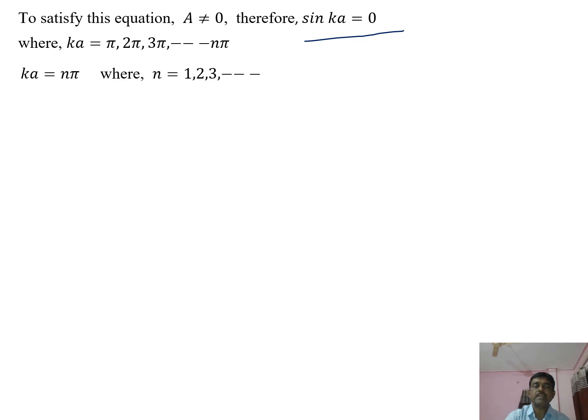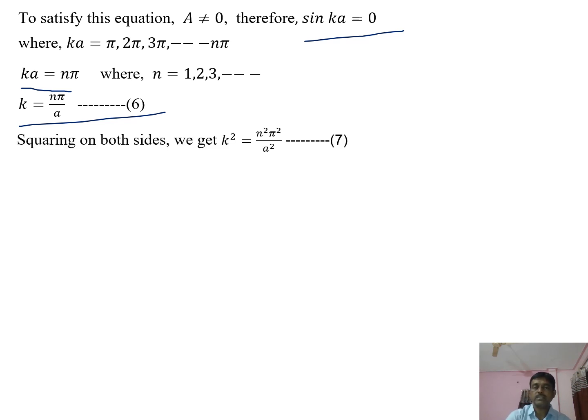That is, ka is equal to n pi, where n is equal to 1, 2, 3. Rearranging, we get equation number 6, k is equal to n pi divided by a. Squaring on both sides, k square is equal to n square pi square divided by a square, equation number 7.